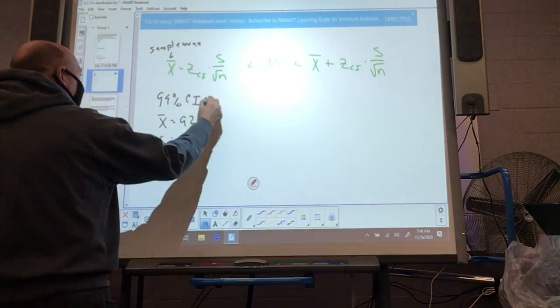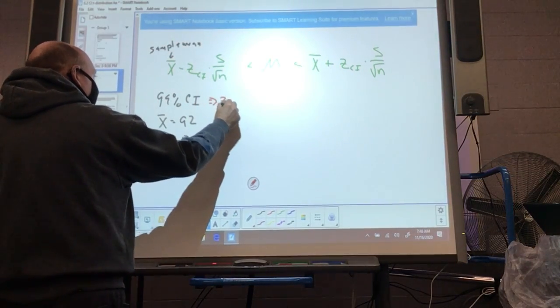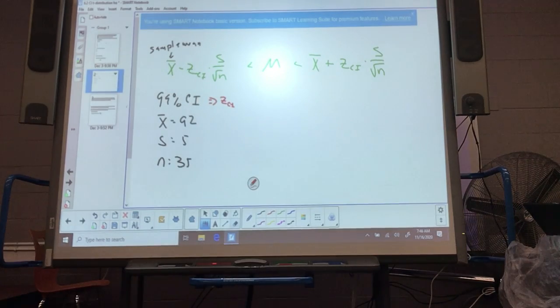From our table, we can find a z for that confidence interval. The z for a 99% confidence interval is what, Owen?